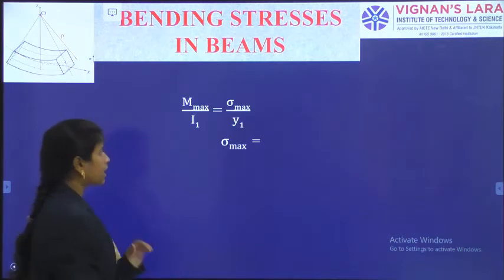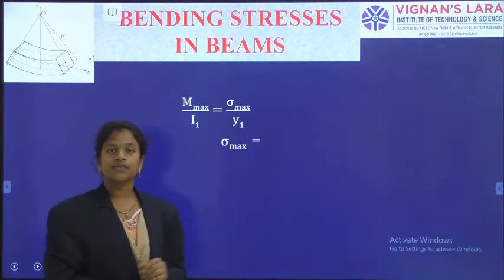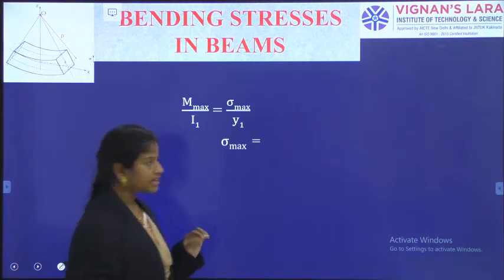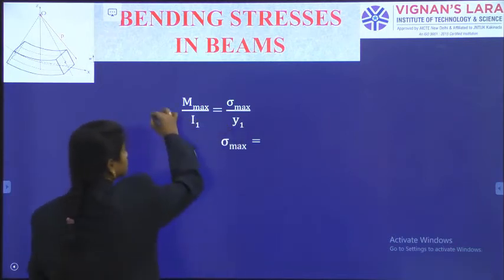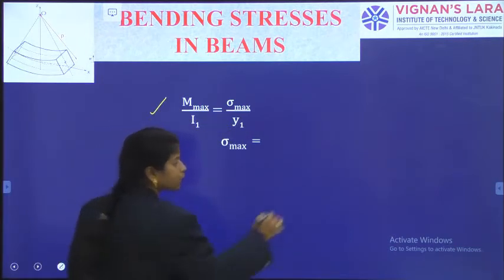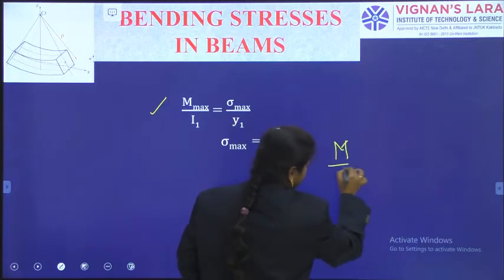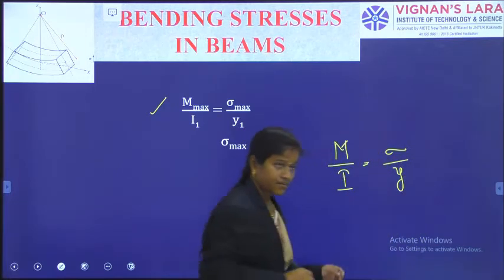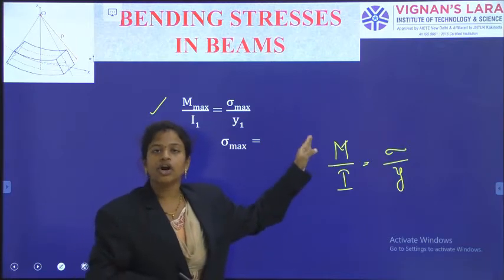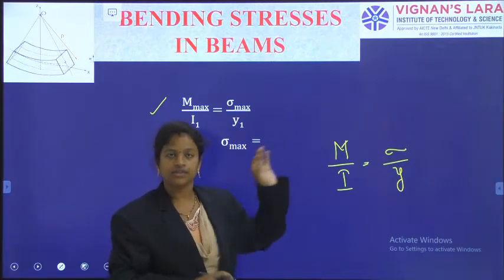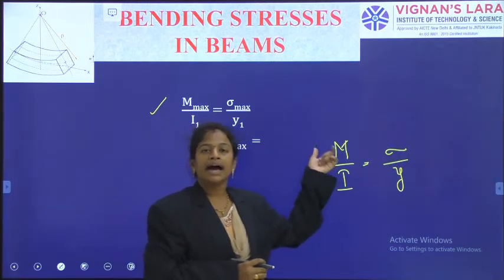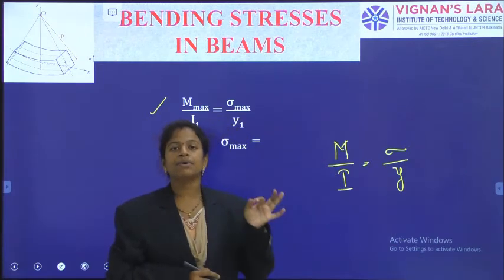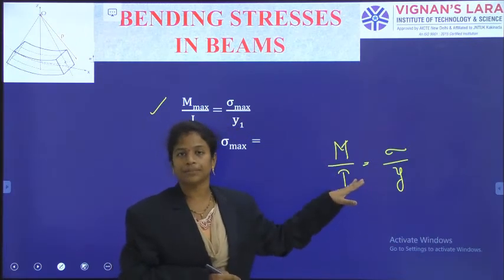Now I am going for the calculation of the maximum stress occurring in the fiber. Just now we said we can use the pure bending theory. So M by I is equal to sigma by Y, right? M is the moment of resistance offered by the section, which I can replace with the maximum bending moment occurring onto the beam.